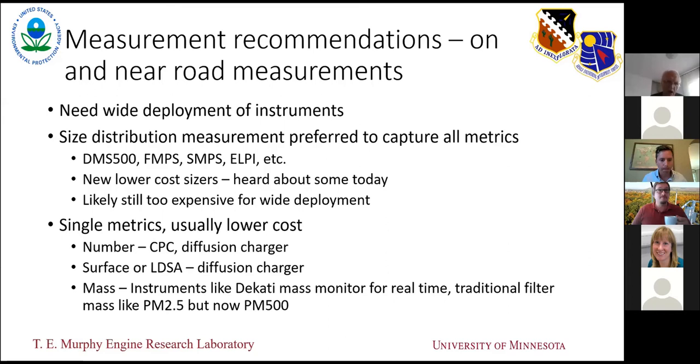Mass, for fast response measurements, there are instruments like the Dekati mass monitor that's used for engine measurements. It is a good mass monitor in real time. Or you could use traditional filter measurements, which could then be a PM500 instead of PM2.5. So those are my main recommendations or thoughts to consider on new metrics.